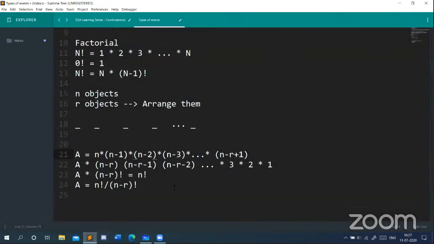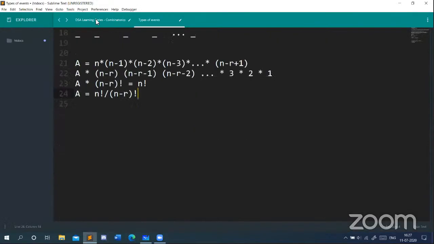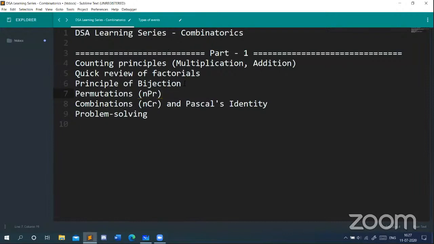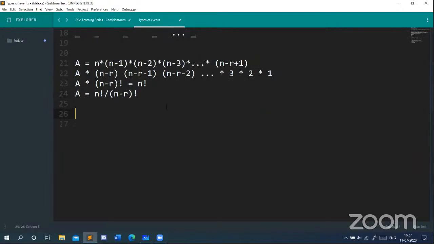And now I'll talk about what's called the principle of bijection, because we require it to derive our result of combinations. One of the most elegant things you'll ever see in combinatorics will be when you try to find two different ways to count the same thing. I'll write that down.